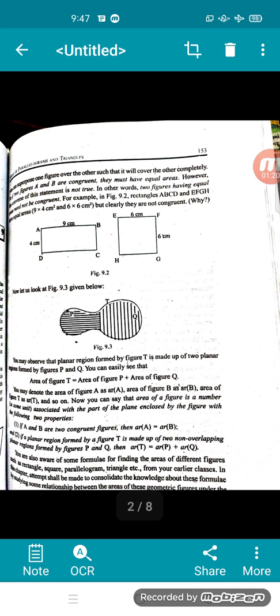For example, in figure 9.2, rectangles ABCD and EFGH have equal areas, but clearly they are not congruent.